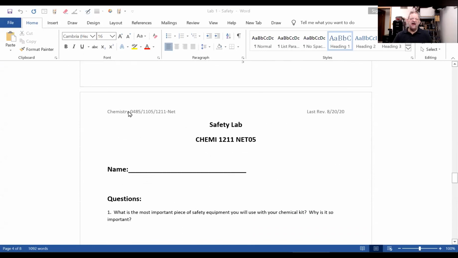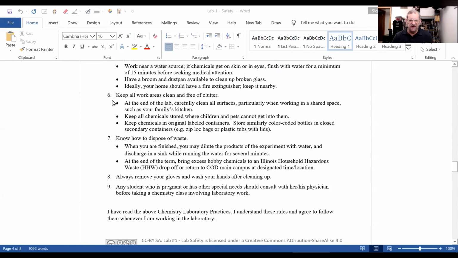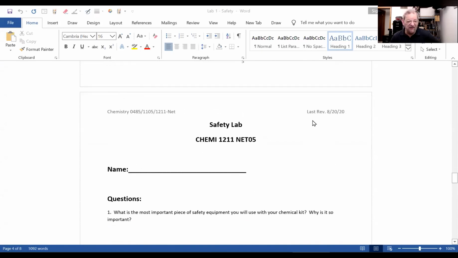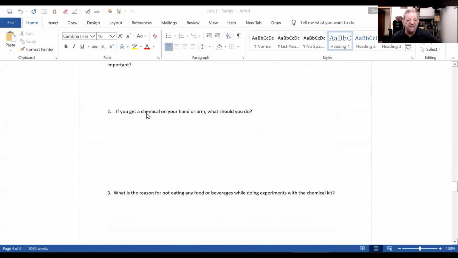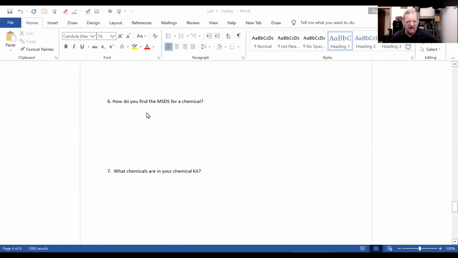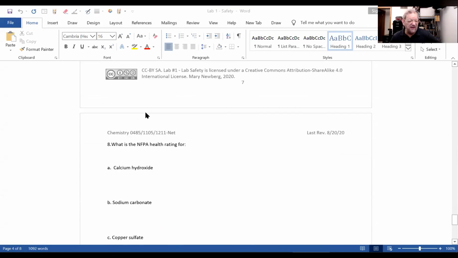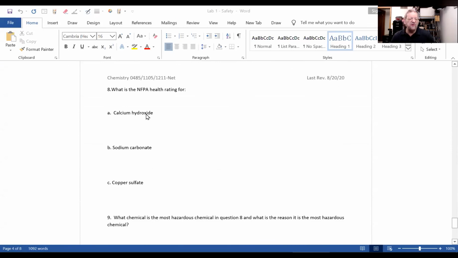Now, for today's lab, after you've read what's here, and this is something you download, I have some questions. First of all, print your name here, because these pages you'll be handing in. I'll ask you to fill them out and upload these. They are due next Thursday by, I think, 10 p.m. For example, what's the NFPA health rating for calcium hydroxide, sodium carbonate, copper sulfate?